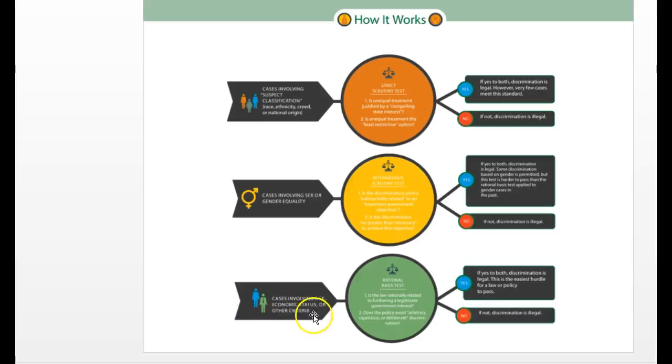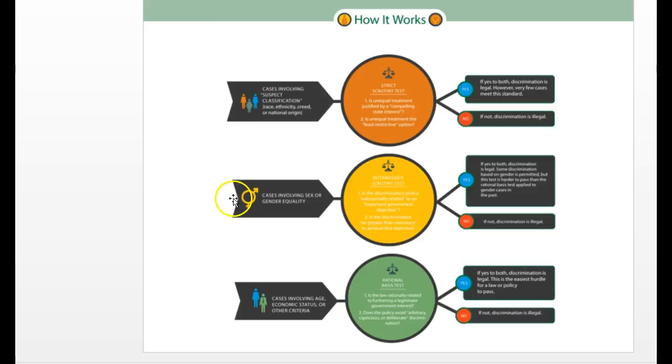And for that kind of categorization, what the government has to do is pass what's called the rational basis test, which is that there is some purpose that the government has, and that the classification is related to that purpose. This is a fairly low bar. It's not that hard to get these kinds of things through.